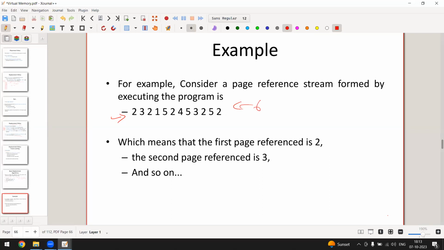Out of these, which page do I have to remove to bring 6 in? For this you have algorithms. Now from this you can see that 2 is very frequently accessed, so you should not swap that out. That is very obvious. But how to formally do it?